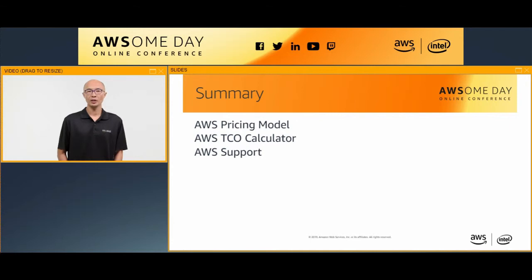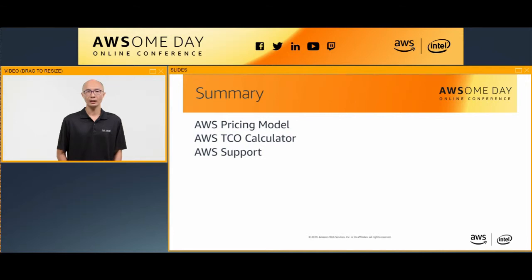The support plans visited today were Basic, Developer, Business, and Enterprise Support Plan. As discussed, all support plans provide 24/7 access to customer service, AWS documentation, white papers, and support forums, access to 6 core Trusted Advisor checks, and access to Personal Health Dashboard.